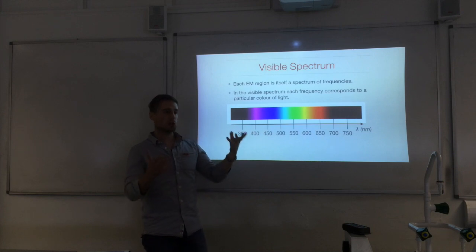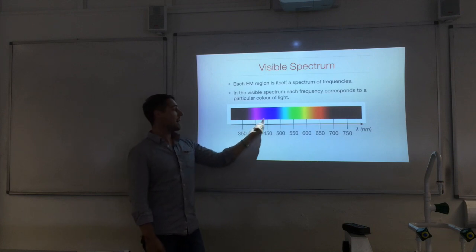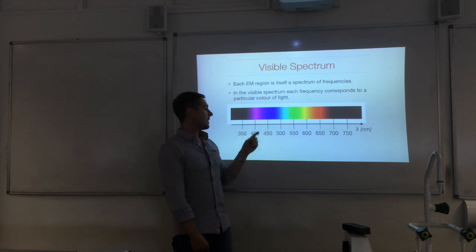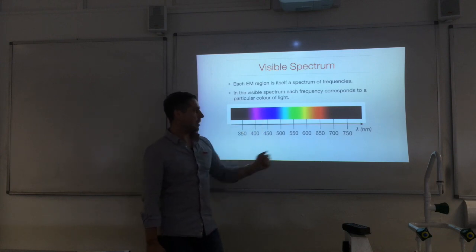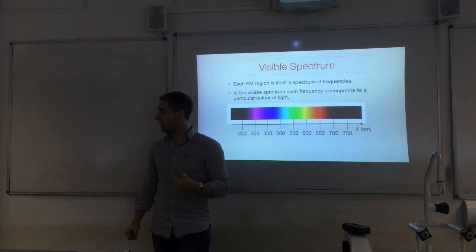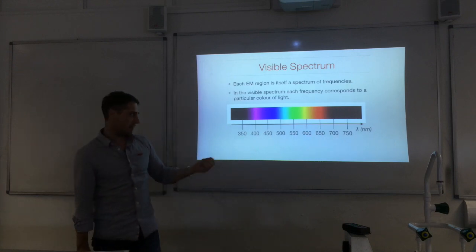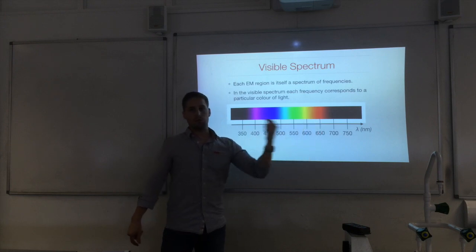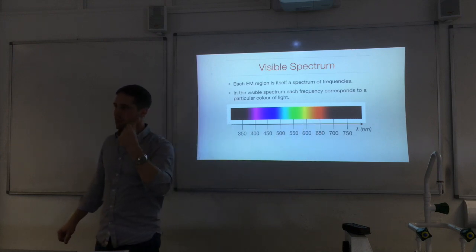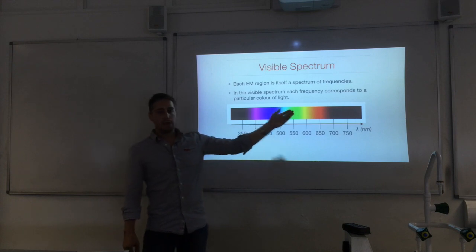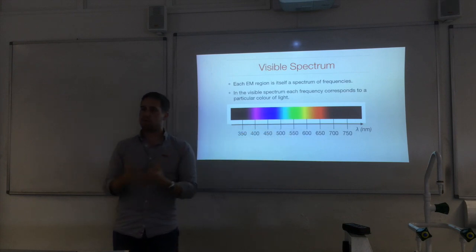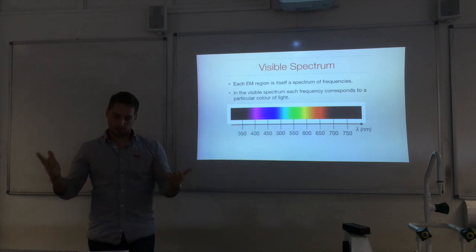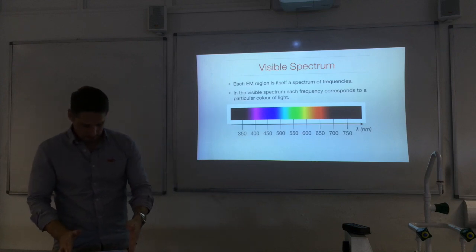So whenever you receive electromagnetic radiation with that wavelength, your eye can perceive that as blue or violet light, depending on where exactly you are. And then red light has a wavelength of about 600 nanometers. So, that was 650. So when you receive electromagnetic radiation with a wavelength of 650 nanometers, your eye perceives it as red light. Well, your eye and your brain.